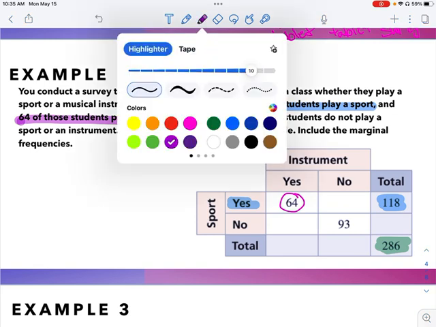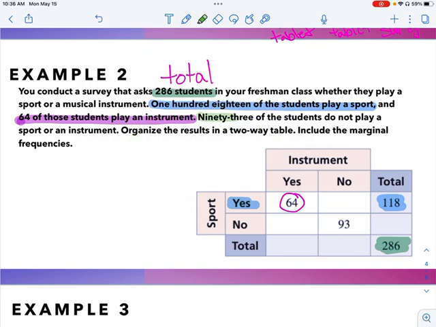Then, if we keep reading, it says 93 of the students do not play a sport or an instrument. So that would be our no representation. Now, we're simply going to go around and find all the missing values. Remember that going across the row, you would add these to equal your total. So to go backwards, you take the 118 minus the 64, and that's going to give you 54 for no. Then we add that to the 93, and that gives us 147 total no's for instrument.